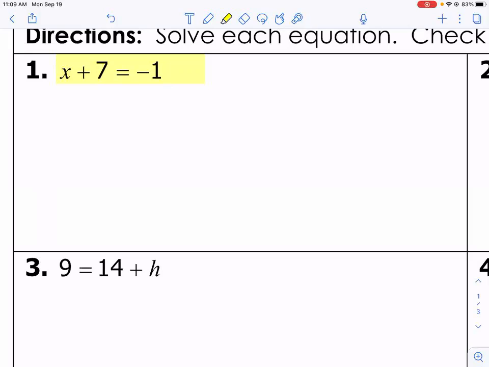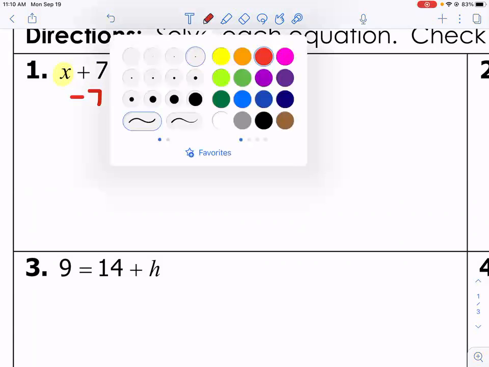Now Trent, is there a number that is being added or subtracted to x? And 7 is being what? 7 is being added to x. So we are going to do the inverse operation and subtract 7 from both sides.